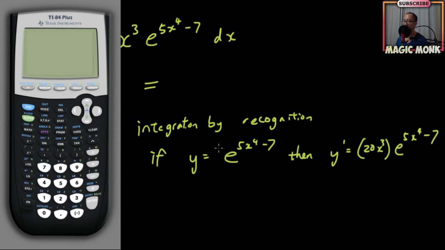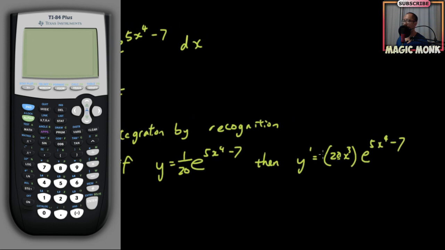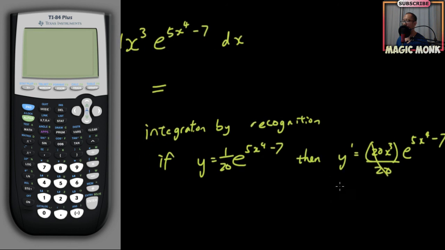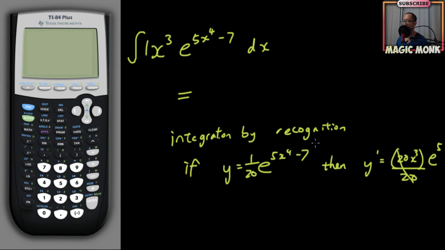So if I multiply this left-hand side by 1 over 20, then I have to multiply the right-hand side by 1 over 20, so this just disappears. Okay, so what is the answer? The answer is 1 over 20 e to the power of 5x to the 4 minus 7 plus c. If you don't believe me, try and differentiate it. You'll get that answer.